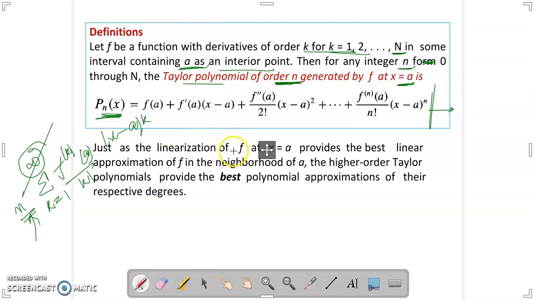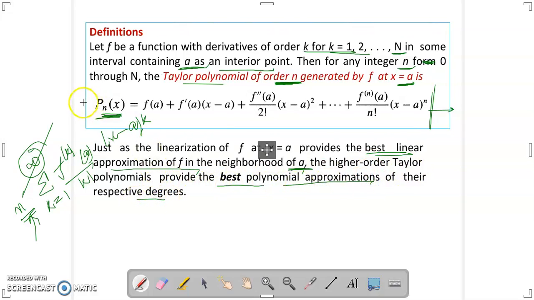Just as the linearization at x equals a provides the best linear approximation of the function in the neighborhood of a, the higher order Taylor polynomials provide the best polynomial approximation of the respective degrees.